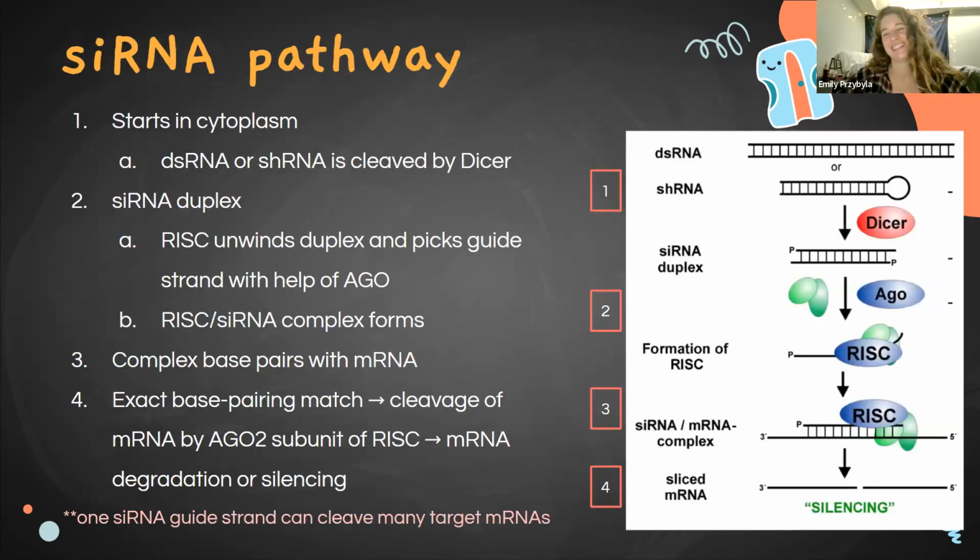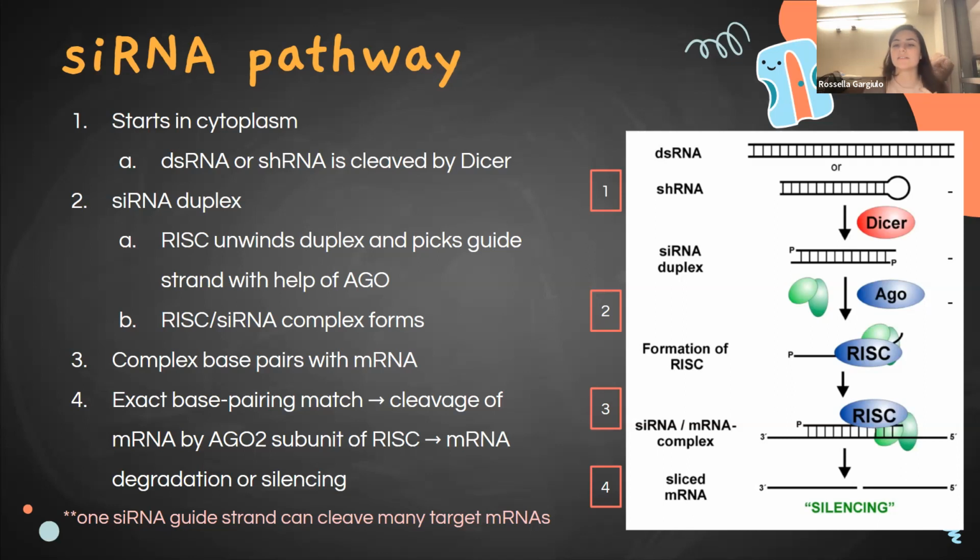Okay. All right. So basically, the siRNA pathway, because it's not coded for by our genome, the whole pathway starts in the cytoplasm, right? So you get the siRNA in the cytoplasm, and just like the miRNA pathway, it gets cleaved by Dicer, and you make these duplexes. Then just like the previous pathway, the RISC comes in.